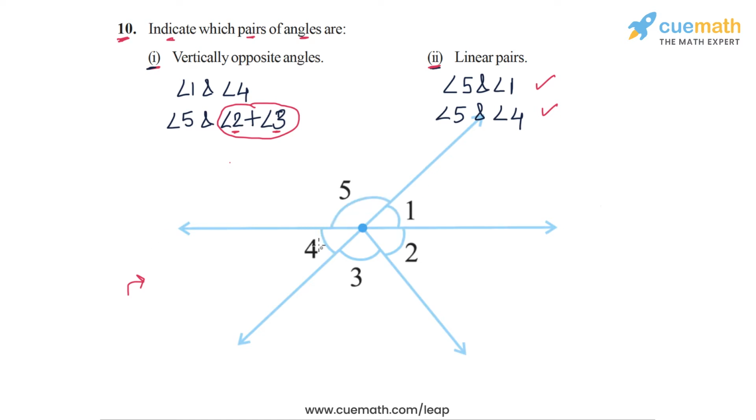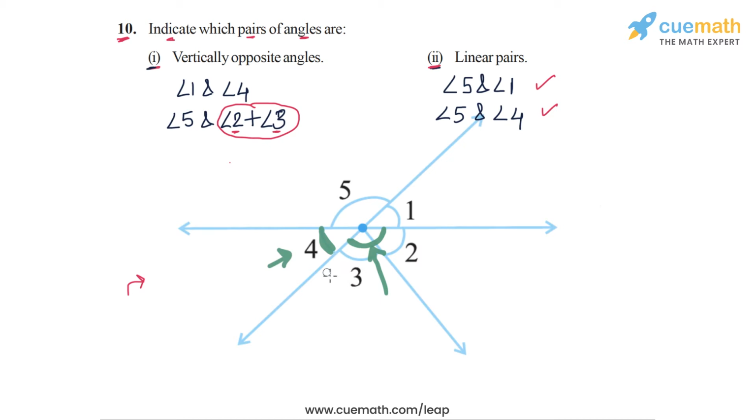For example, if we take angle 4, and if we treat angle 2 plus angle 3 as a single angle, then angle 4 and angle 2 plus angle 3, these two angles also form a linear pair of angles.